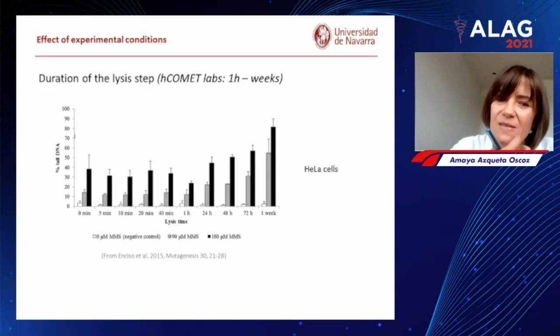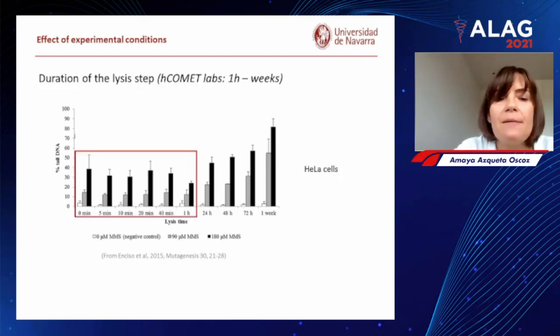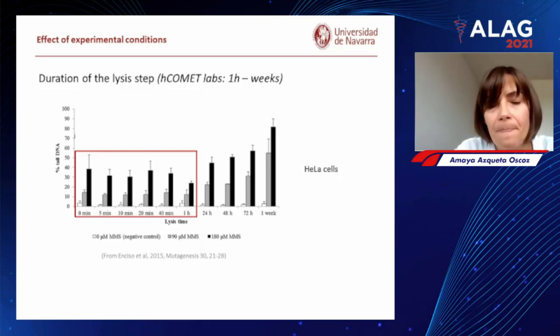Here we also have results from untreated and MMS-treated HeLa cells analyzed using different times of lysis, from 0 to 1 week. We obtained the same results from 0, so no lysis, to 1 hour, but in longer periods of lysis, we can see a clear effect in the treated cells.